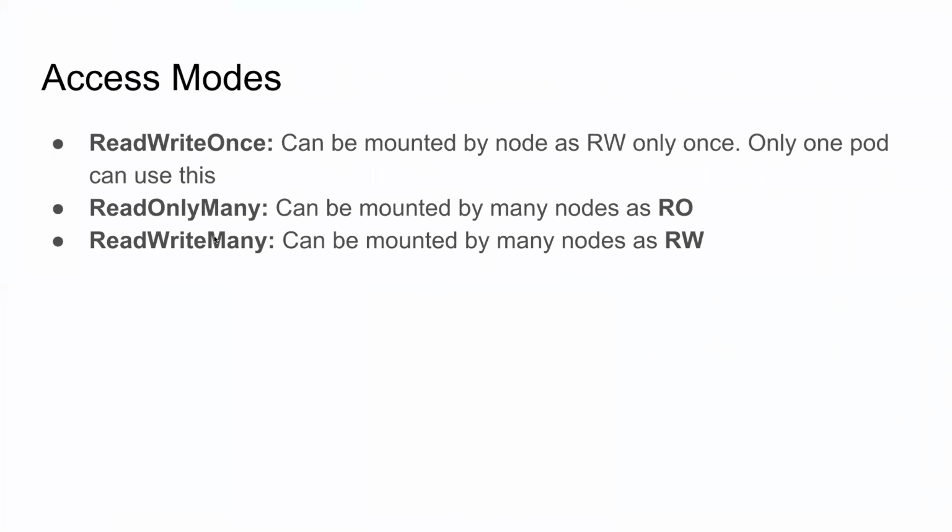Read-only many, there are too many types for this, and they can be mounted by many nodes, and they can be read-only or read-write. There cannot be a situation like read-write many. Sorry, read-write, read only once. There is no such a case. There are only three.